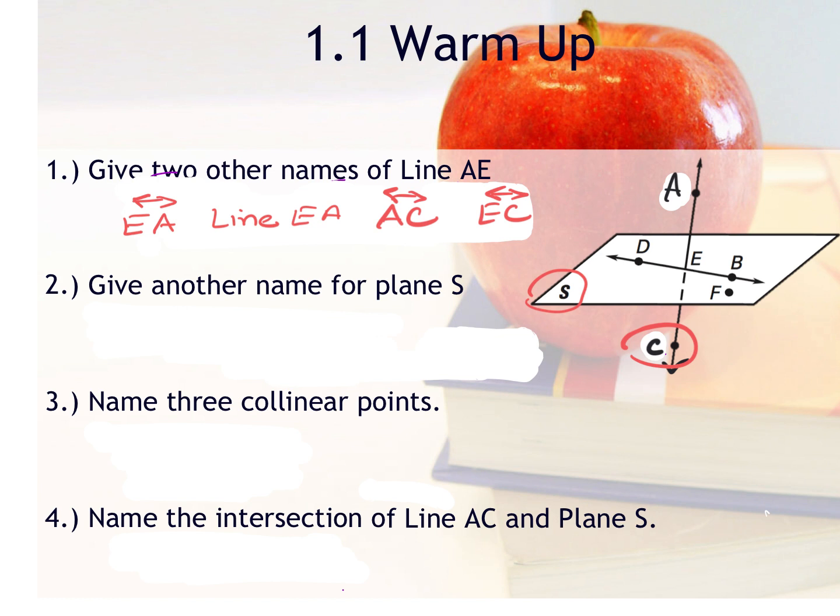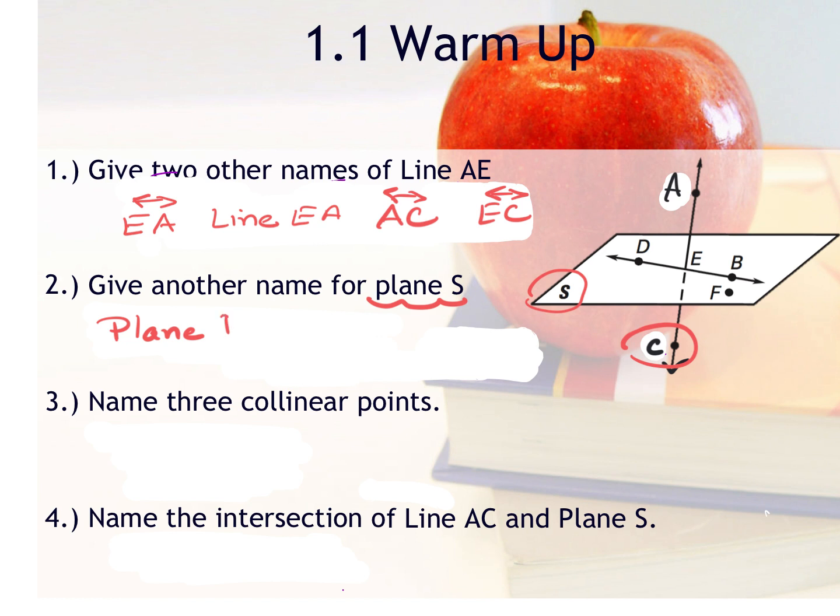Another name for plane S: whenever you name a plane, you need to name it with 3 non-collinear points. So I can't name plane S DEB because those 3 points are on the same line. So I would either need to write out the word plane and then pick 3 points that are not on the same line.